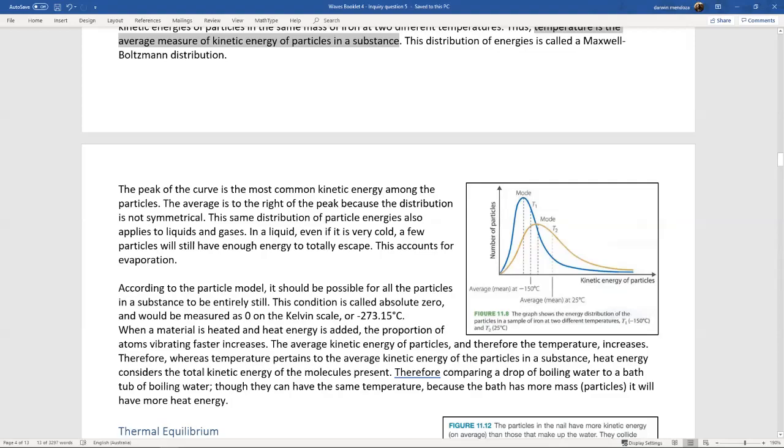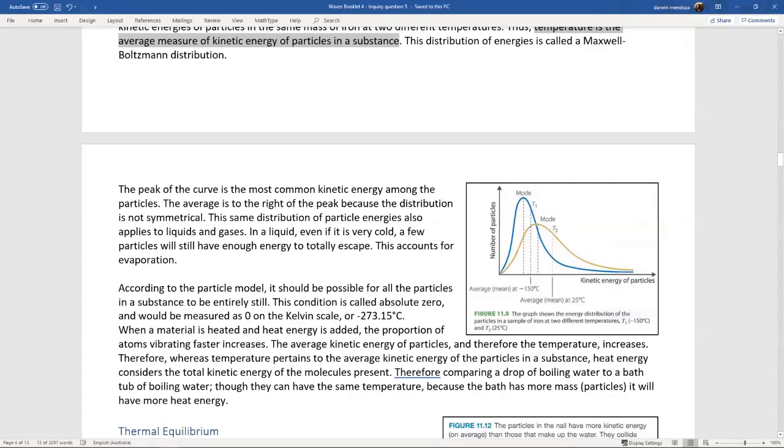So at this point, that is the temperature, which is the average amount of kinetic energy of all particles. You can see all the particles are distributed underneath that curve, and the middle point of that curve, when you consider all the particles distributed, is the average kinetic energy, right?